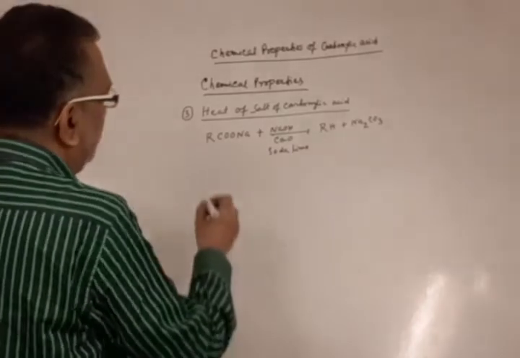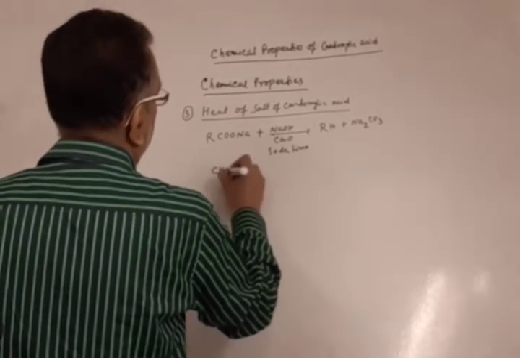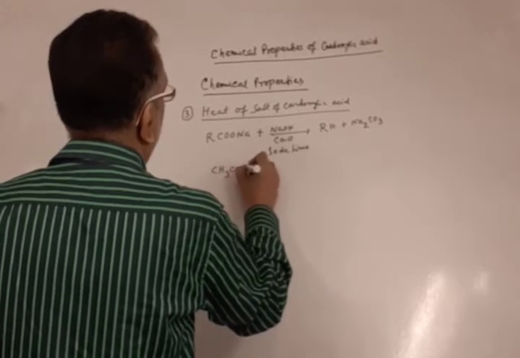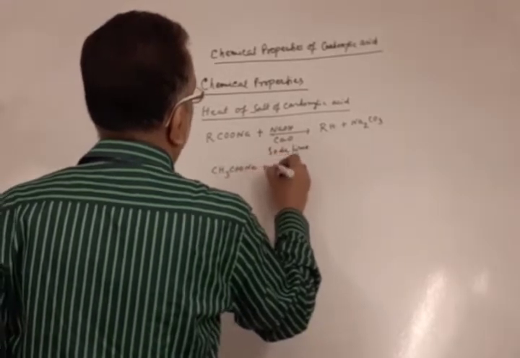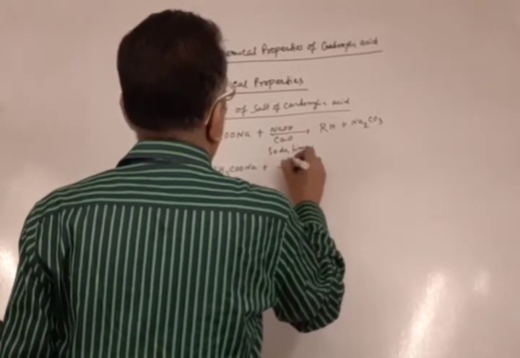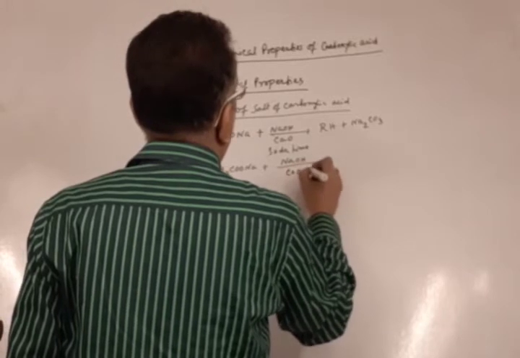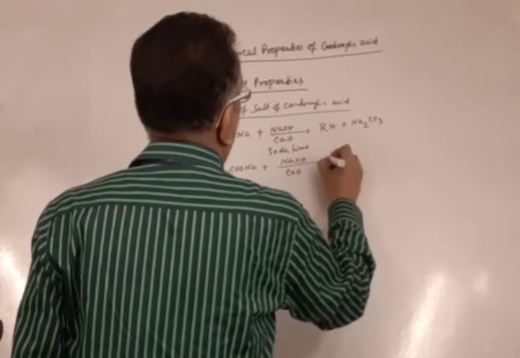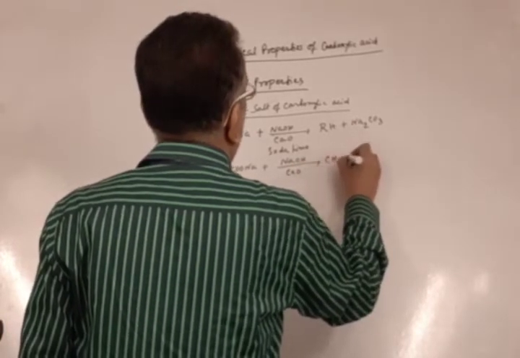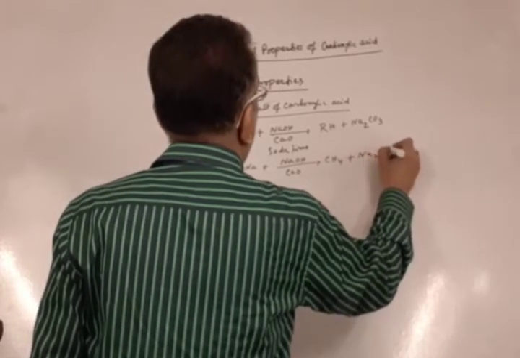For a specific example, if we take CH3COONa, sodium acetate, and it is treated with sodium hydroxide and calcium oxide, we are getting methane plus Na2CO3.